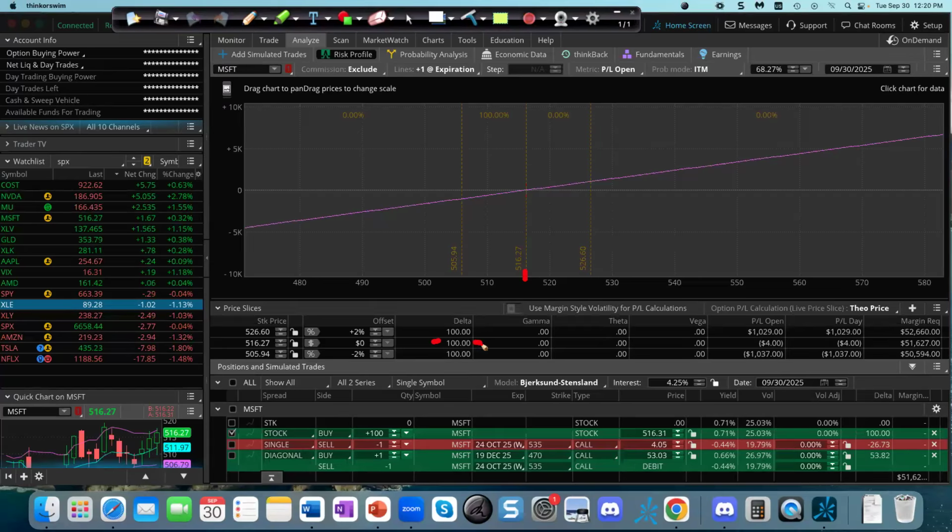Delta just means, the way I look at it, if you have an at the money 50 delta call, as it goes up, your delta will slowly work its way to 100. On the way down, the long call's 50 delta will slowly work its way to zero. Stock stays at 100 delta. But let's say we like Microsoft long term, and say, hey, it doesn't move up fast enough.